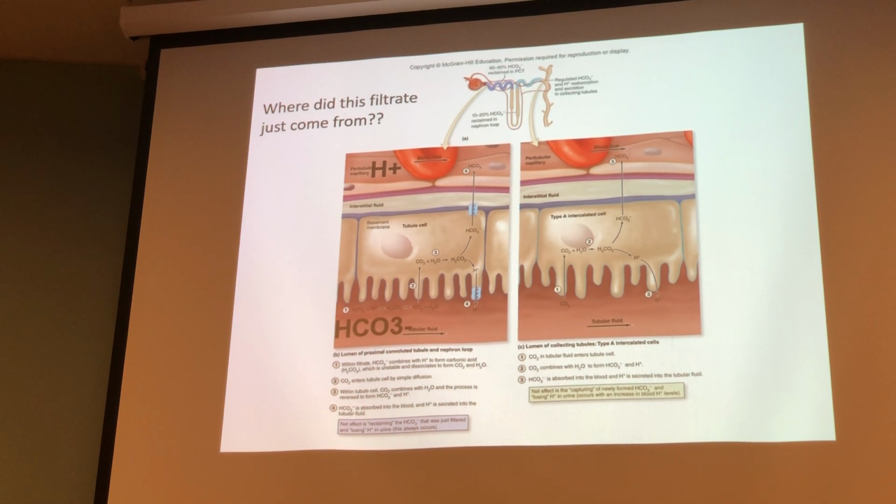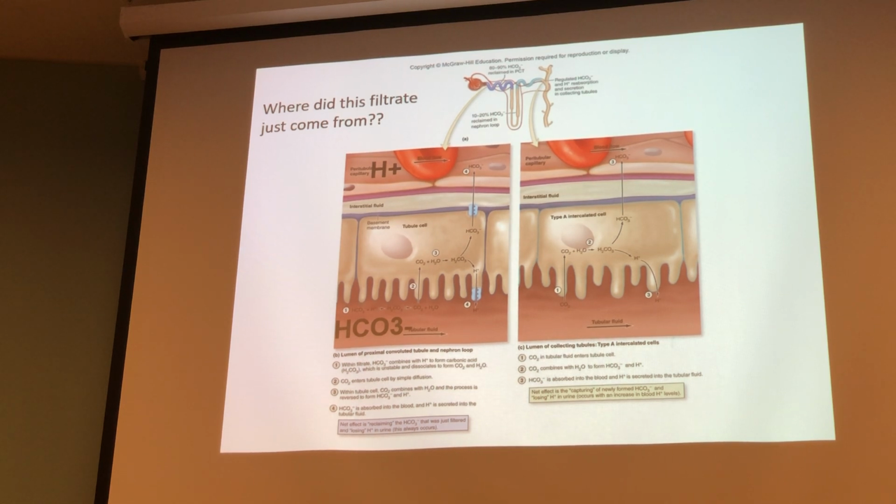The bicarbonate that I'm putting in here isn't that bicarbonate. So when I have CO2 inside of the cells of my proximal convoluted tubule, and since cytoplasm is lots of water, that CO2 plus water creates carbonic acid, and from there it dissociates into bicarbonate and hydrogens. That's where the bicarbonate comes from, that goes into the blood to nullify that extra hydrogen.